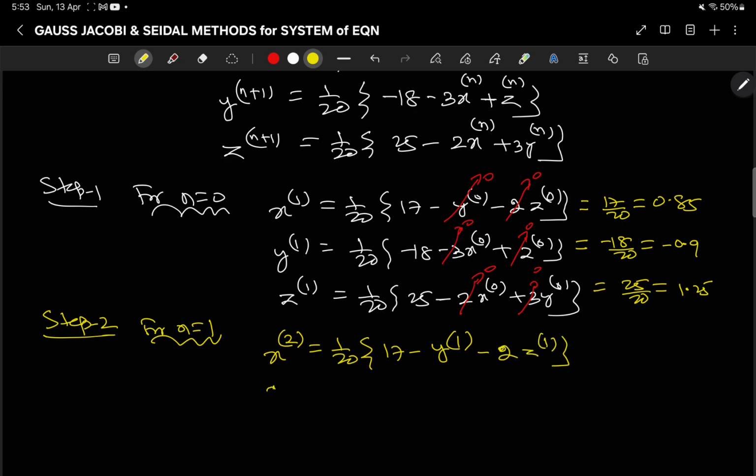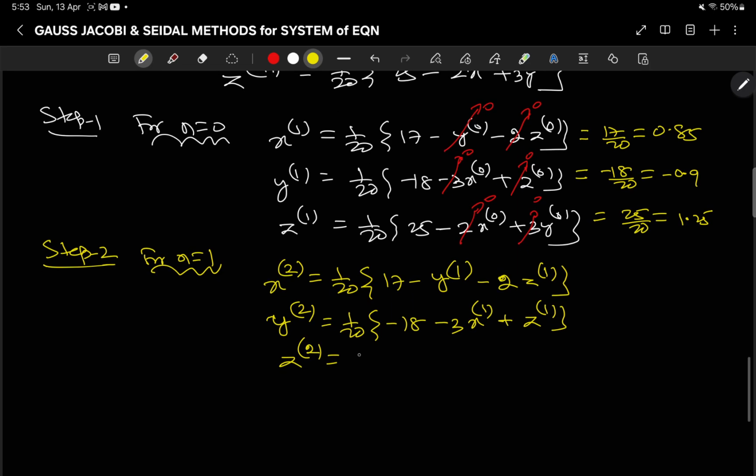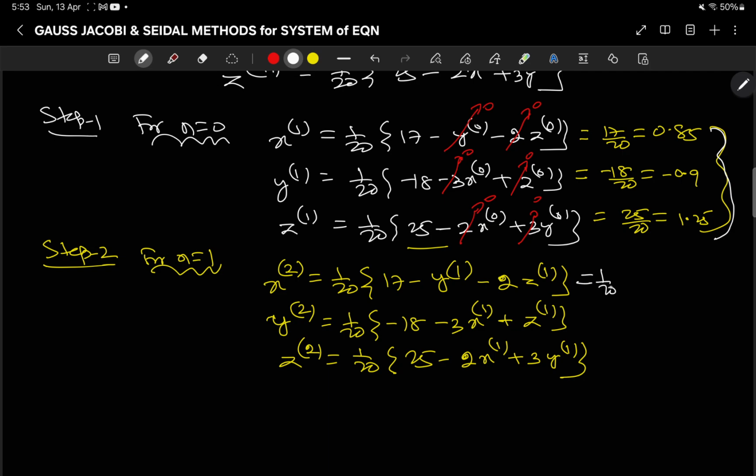Okay, and here y at the second step is 1 by 20 times minus 18 minus 3x from the previous step plus z from the previous step, and similarly z at the second iteration is 1 by 20 times 25 minus 2x from the previous step plus 3 times y from the previous step. So I just substitute these results here. So what is my x2? It is 1 by 20 times 17 minus y1, which is 0.85.